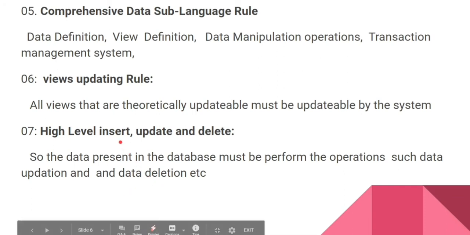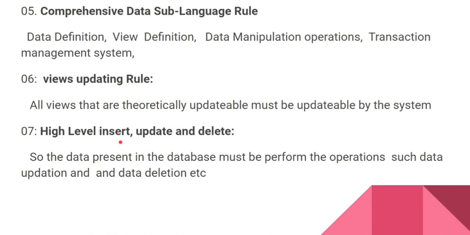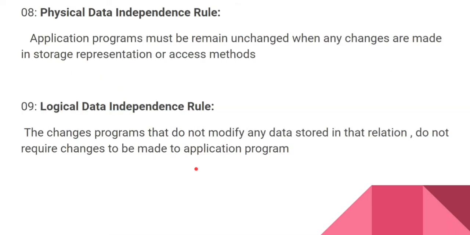All these things are possible in the tables. This is the main use of a database. So in the 7th rule, we specify that data insertion, data updation, and data deletion are possible.